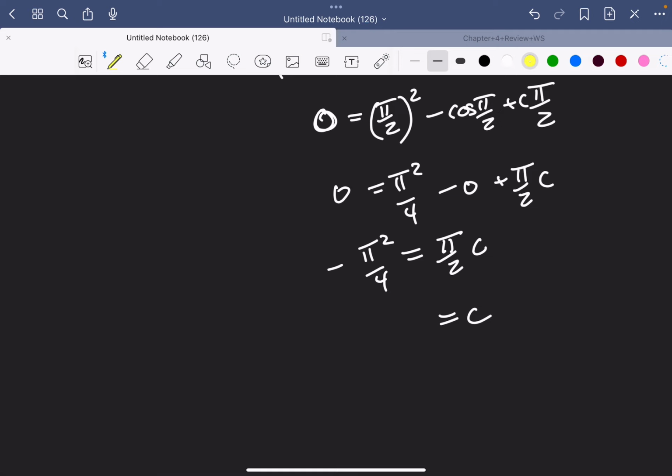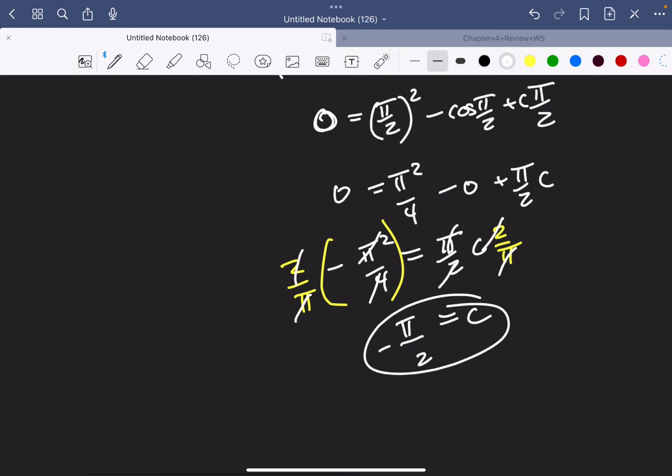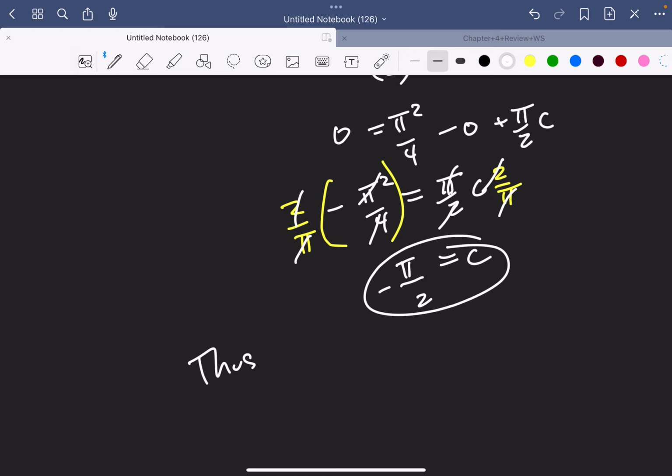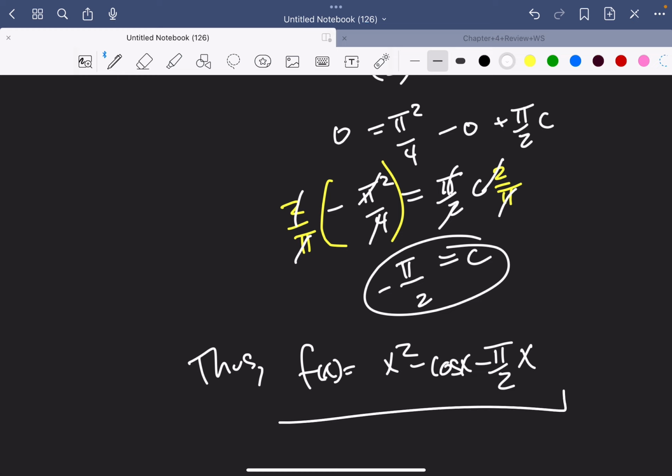But then to get rid of that pi over 2 c, you multiply both sides by 2 over pi. So this cancels. You get c on the right, and on the left, you get a 2 on the bottom, pi on the top, and it's negative. So negative pi over 2 is what c is. Thus, f of x is equal to x squared minus cosine x minus pi over 2 x. That is your function.